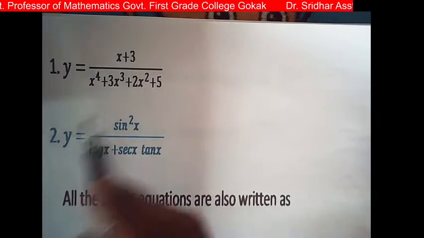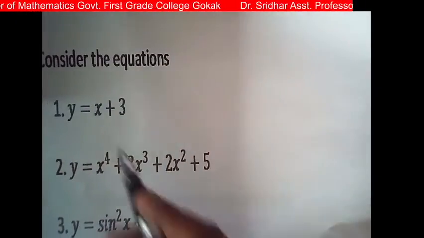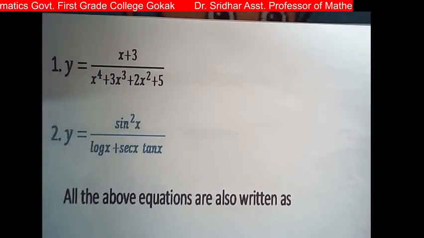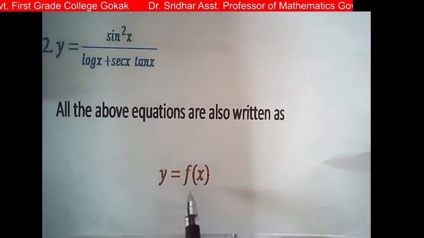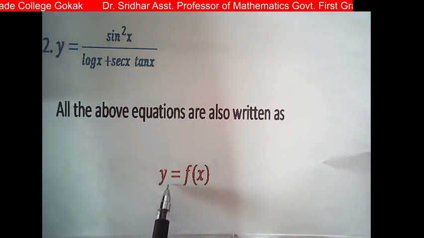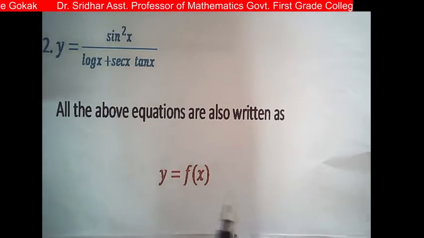Now all these examples are represented by one common equation, that is y is equal to f of x. Y is equal to f of x means what? Any expression containing x.